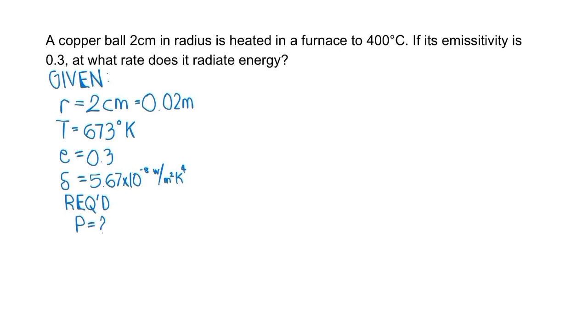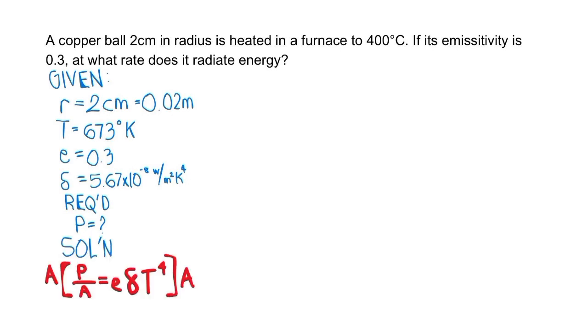But first, we must look for P. We can find the value of P by using the formula of rate of radiation. To isolate P, we would multiply A to both sides. This would give us the formula of P is equal to emissivity times Stefan-Boltzmann constant times temperature raised to 4 times surface area.